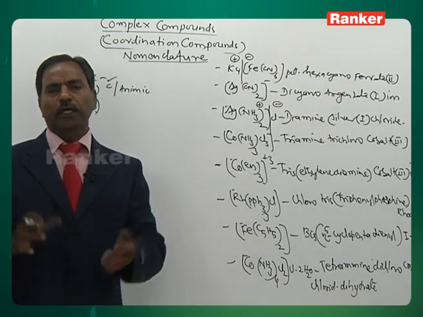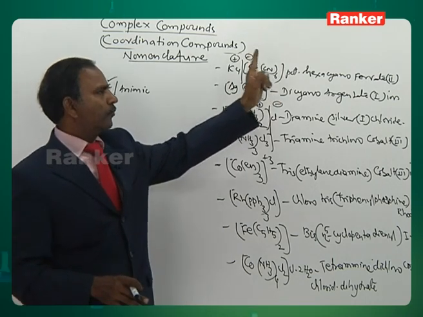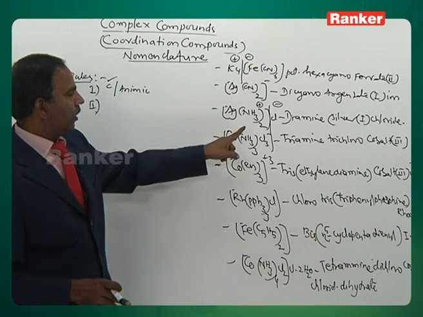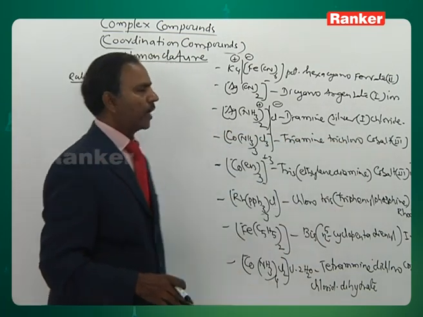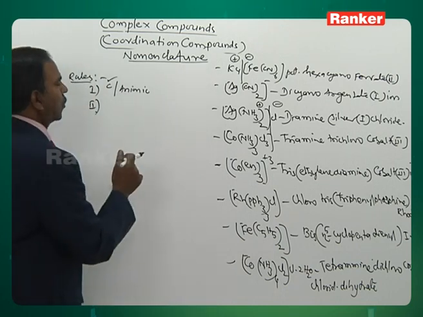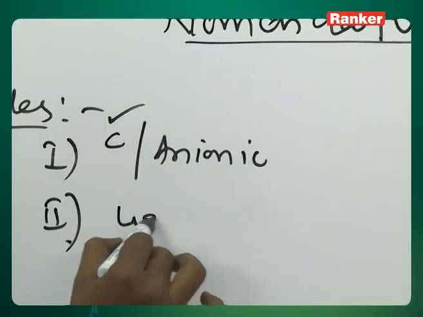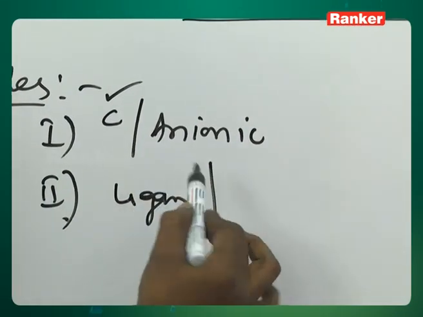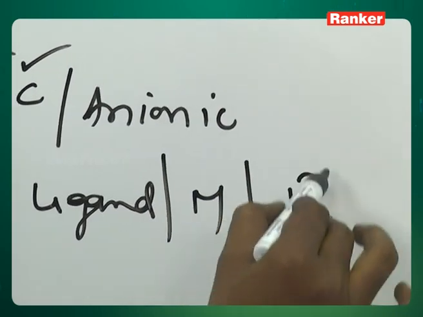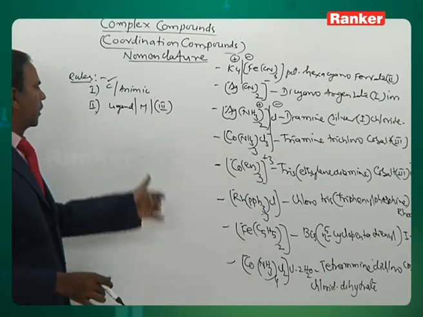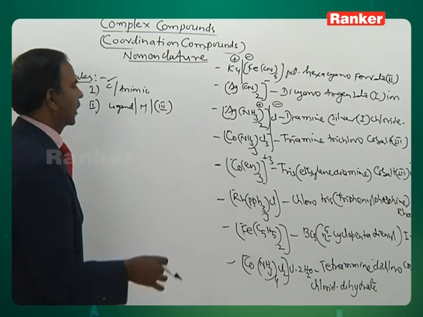Oxidation number is always written in brackets. So while naming the coordination sphere, first ligands, followed by the metal ion, followed by its oxidation number in the bracket.